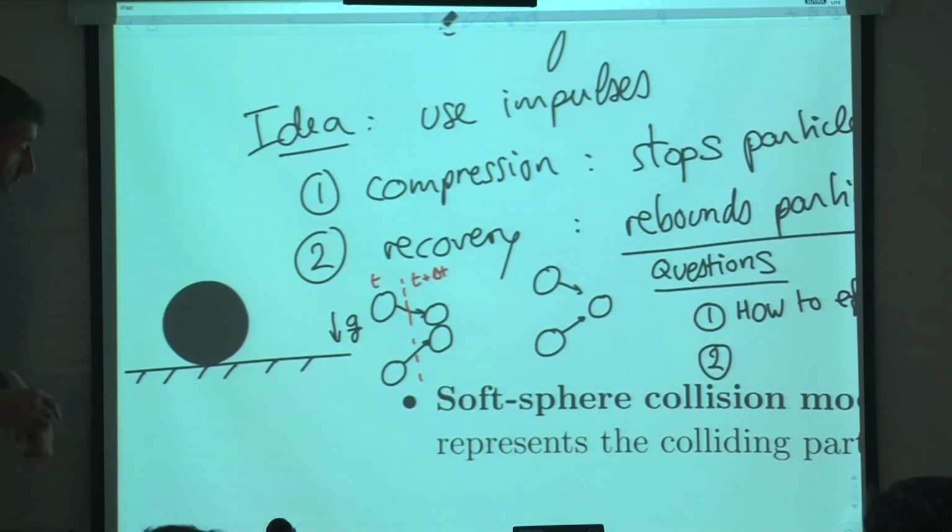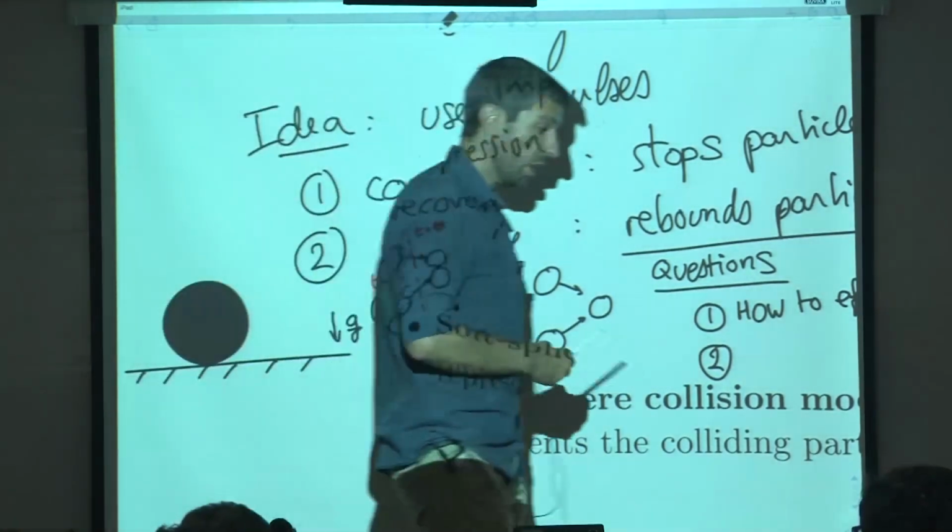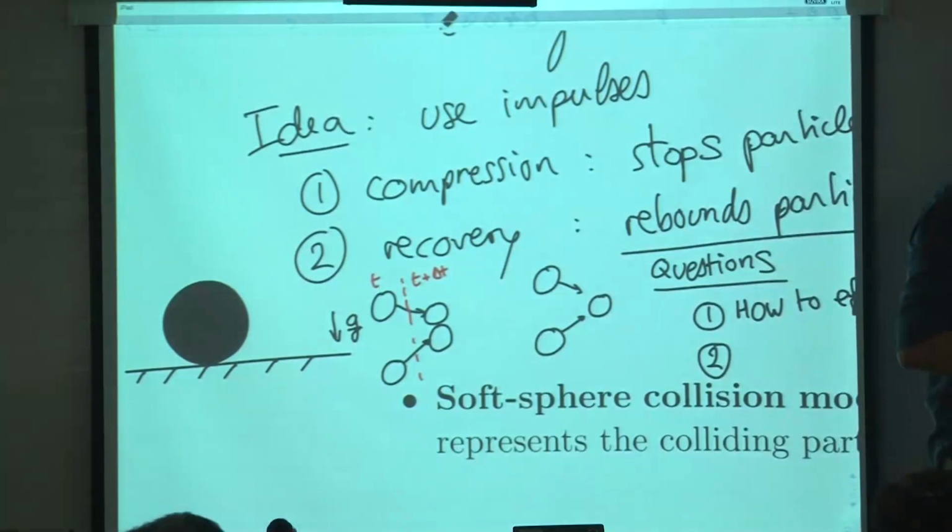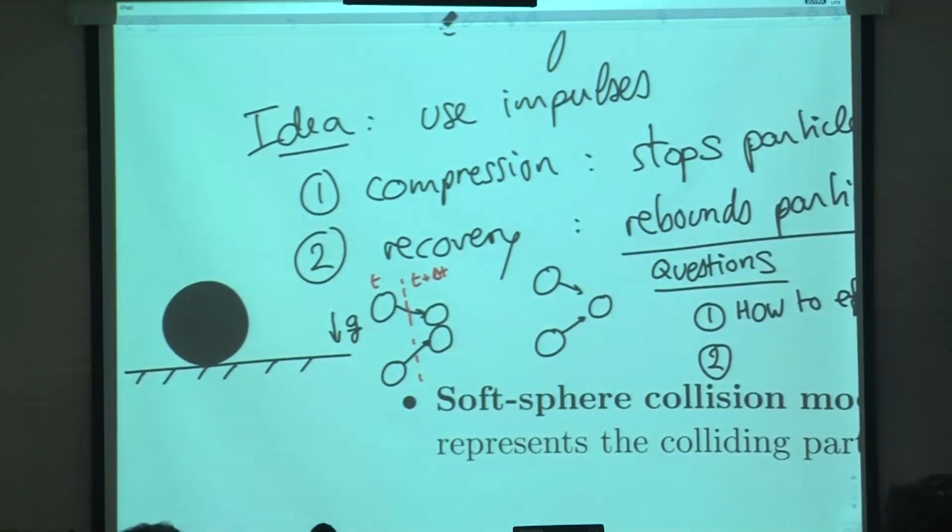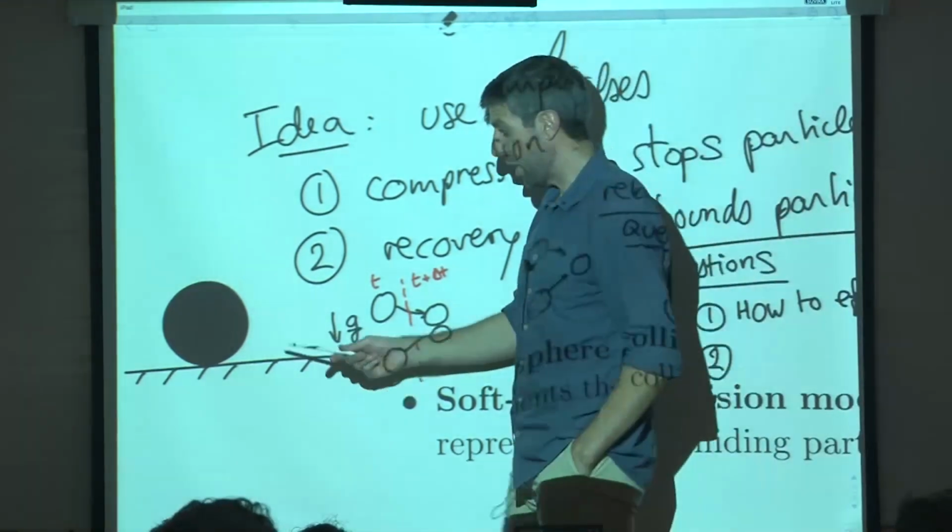Okay, flat surface and a particle perfectly at rest on top of that surface. So how do you model this with a hard sphere collision model? And the hard sphere collision model, we said we're building it upon the idea of instantaneous phenomena. We're doing impulses.